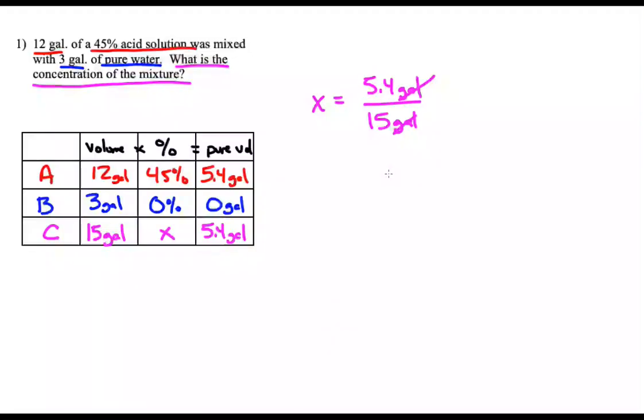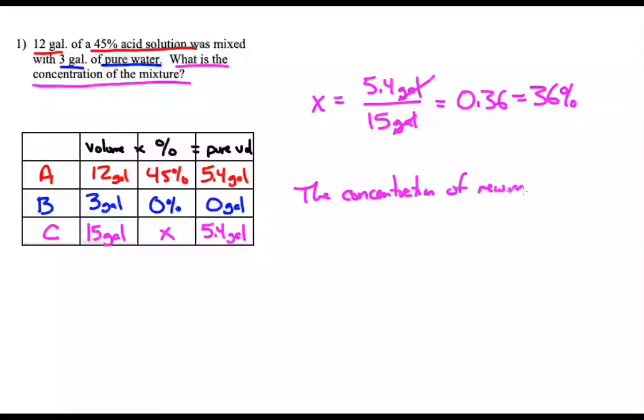And if I divide 5.4 by 15, that's going to equal 0.36, which of course is equal to 36%. So our answer is that the concentration of the new mixture is 36%.